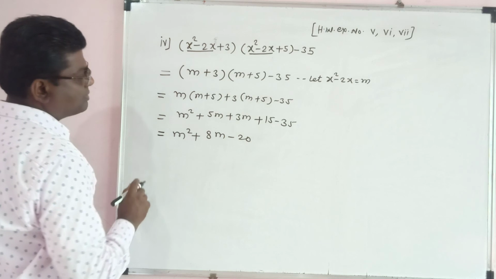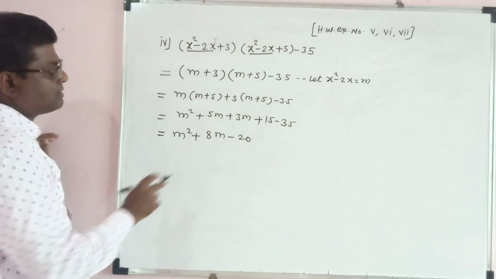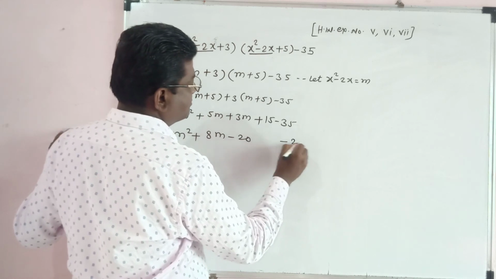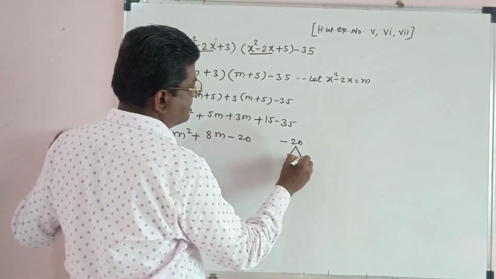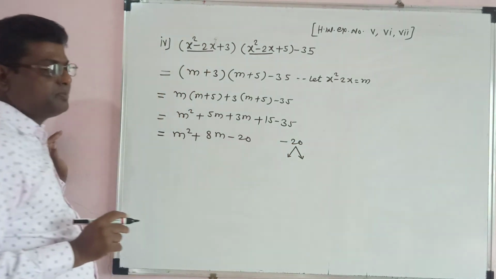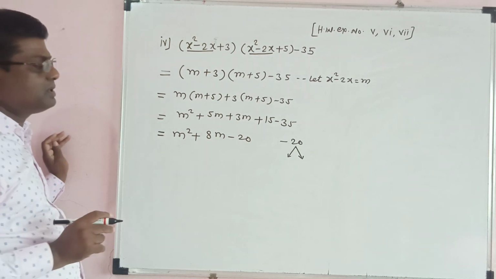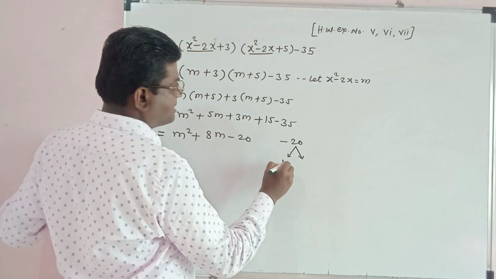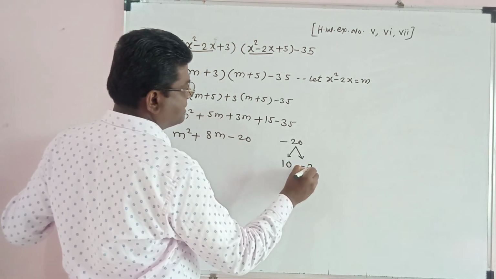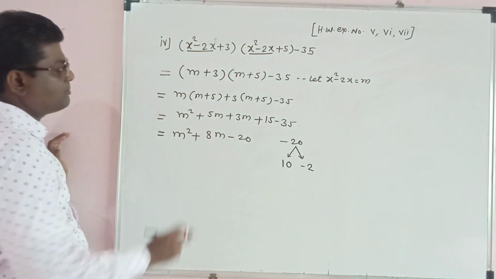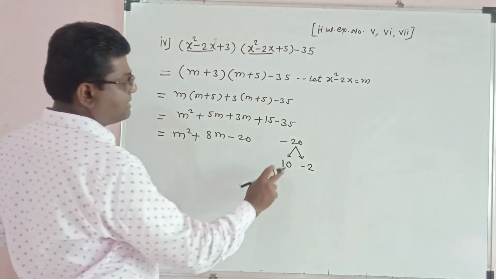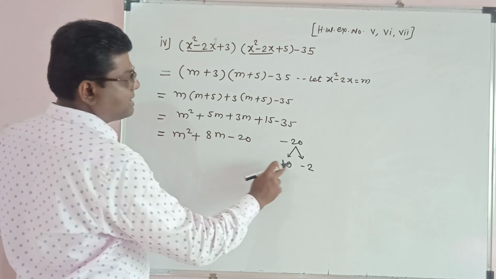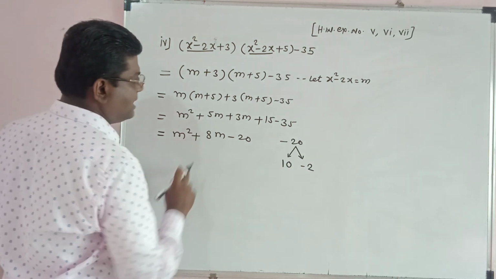Now we have to find the factors of this quadratic polynomial. This minus 20 number we can split up such that we find two numbers whose multiplication is minus 20 and their sum is plus 8. So 10 into minus 2 is equal to minus 20 and 10 minus 2 is equal to 8.